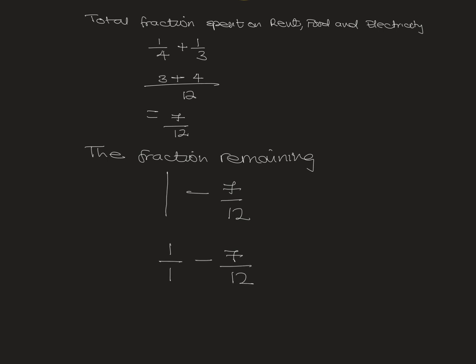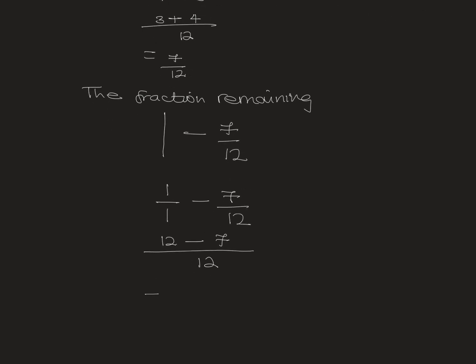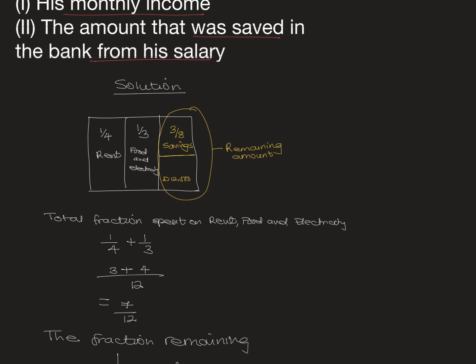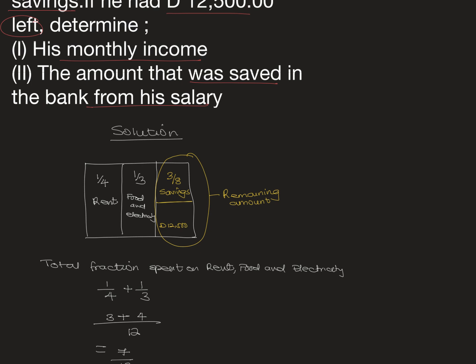So the LCM will be 12. 1 into 12 is 12 times 1 is 12, minus 12 into 12 is 1, 1 times 7 is 7. So we're going to have 12 minus 7, which gives 5/12. So the remaining fraction is 5/12.